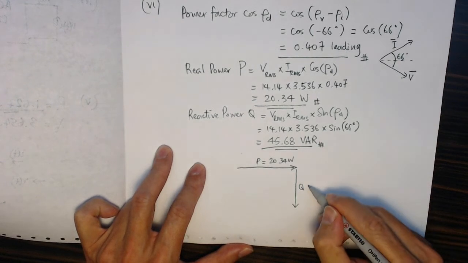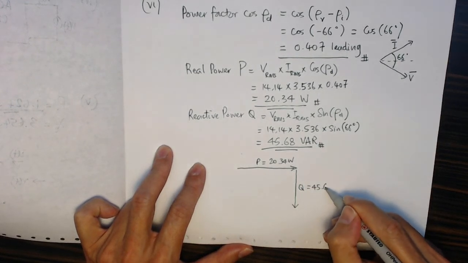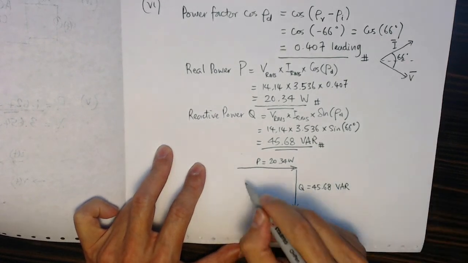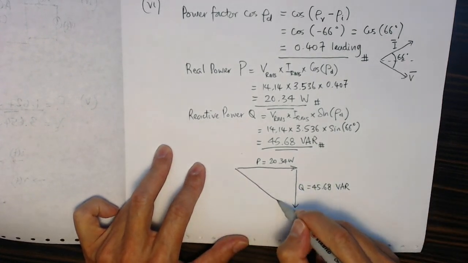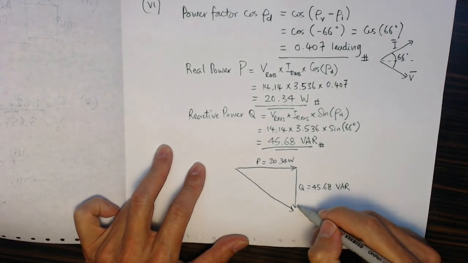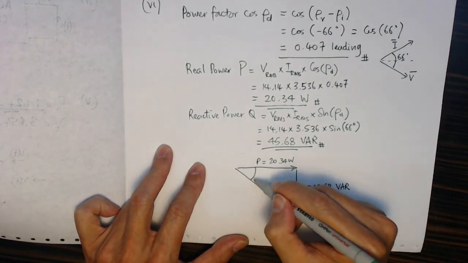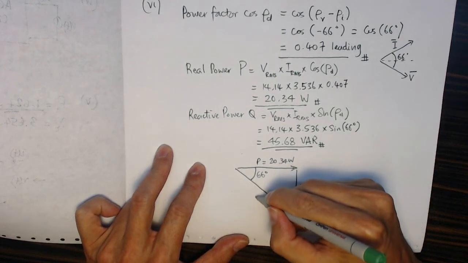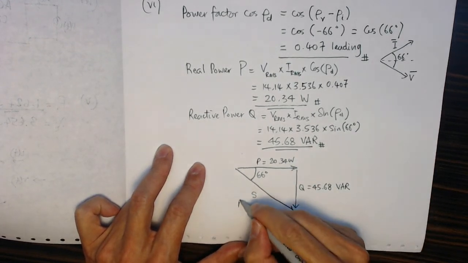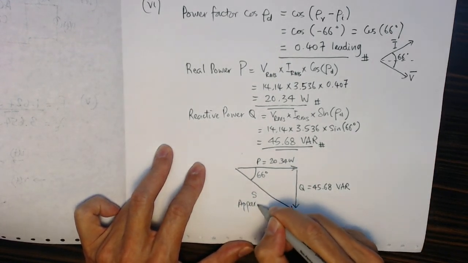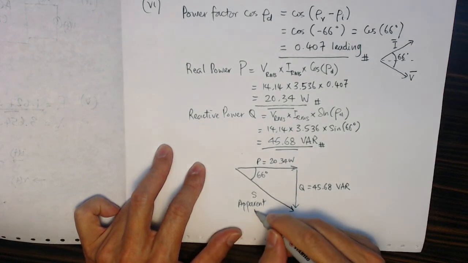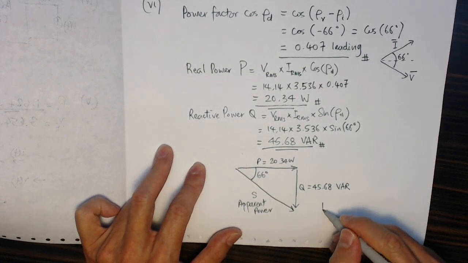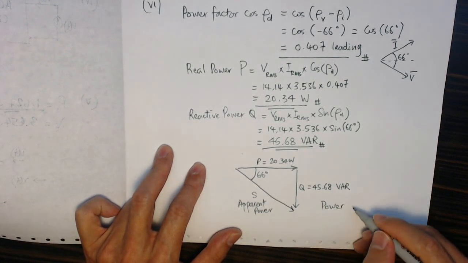Q is 45.68 VAR. The apparent power is like the power available. This angle is 66 degrees negative. So this is the apparent power. So this is what we call the power diagram.